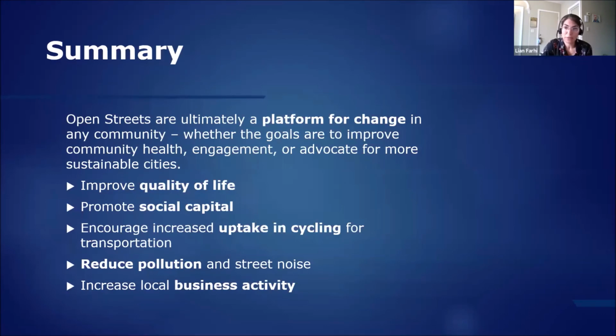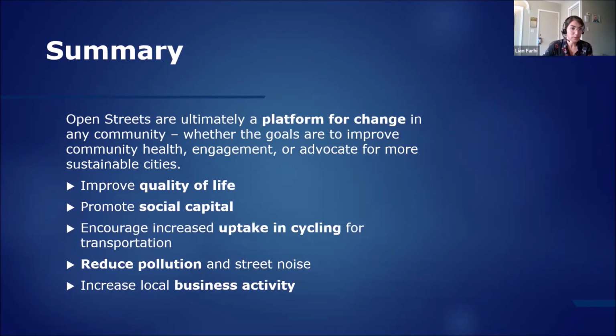So we're wrapping up with a few bullet points on the importance of open streets and really seeing it as a platform for change. As we mentioned before in the presentation, this is an opportunity to start a process, to have something as a demonstration, to go further into a permanent project. There is a lot of opportunity to work on engagement with community and volunteer groups, building stewardship and interest around this topic.